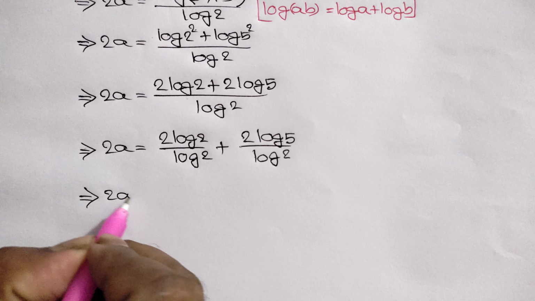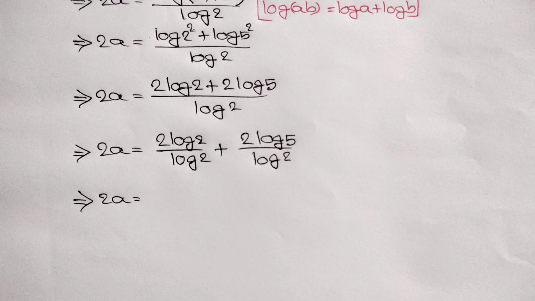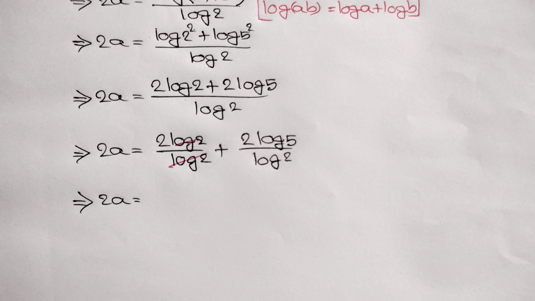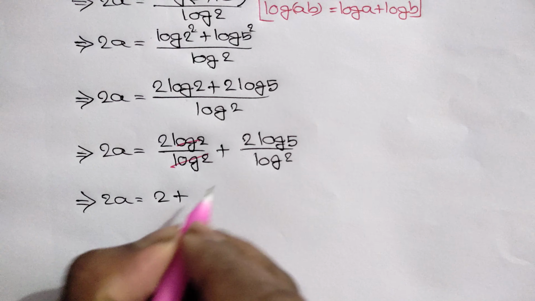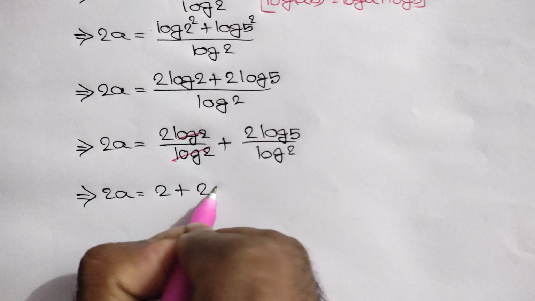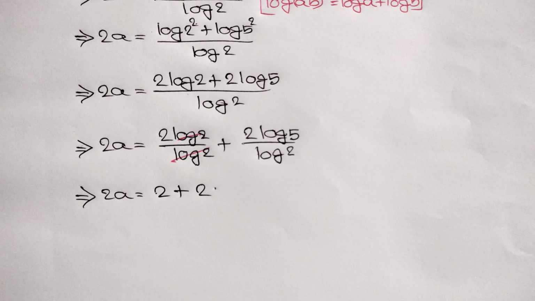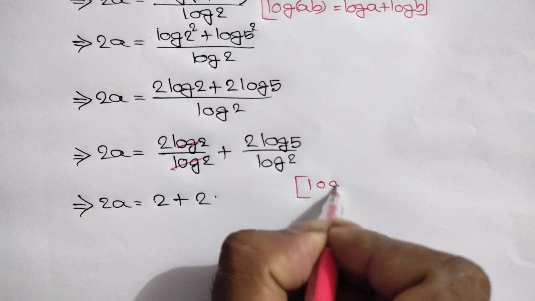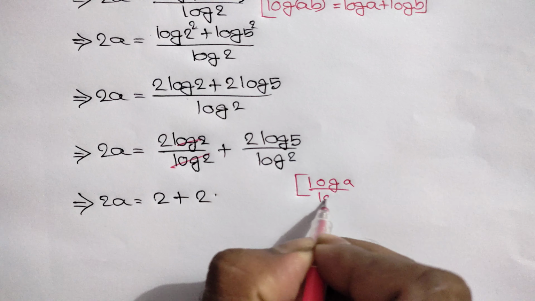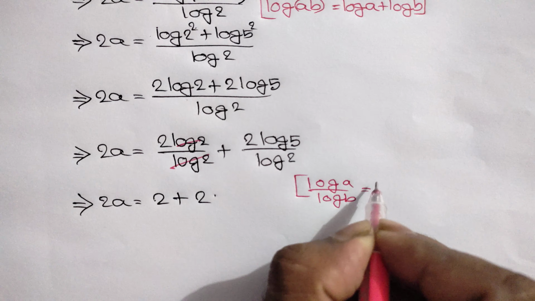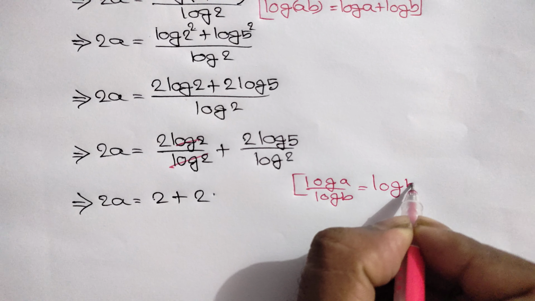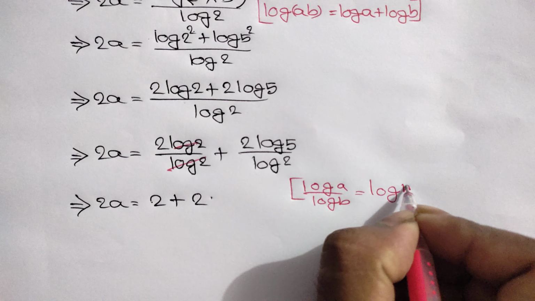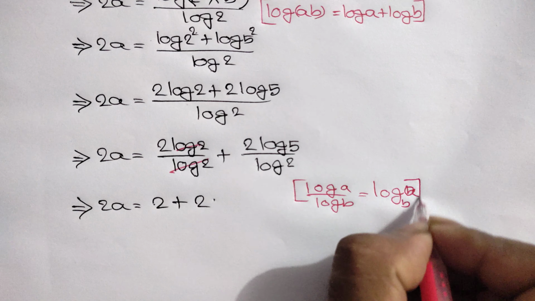Now this log of 2 cancels out this log of 2, so here we will get 2 plus 2 times, now here we can use another logarithm formula: log of a over log of b is equal to log of a base b.